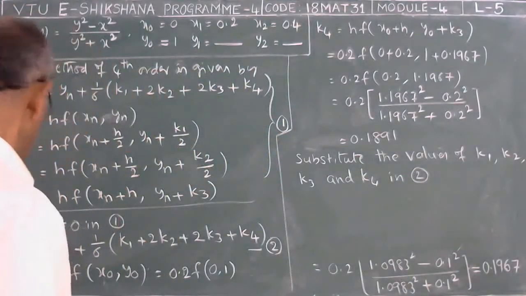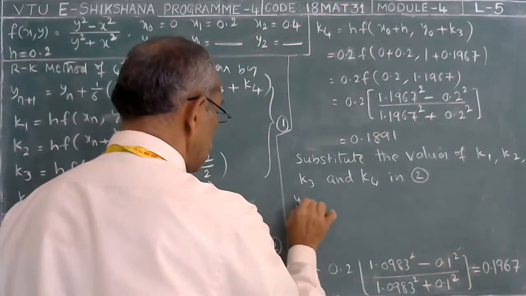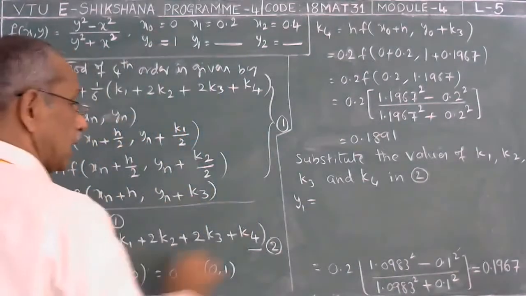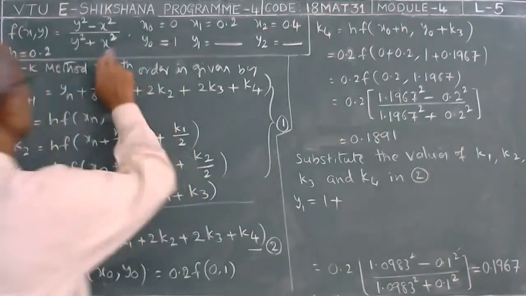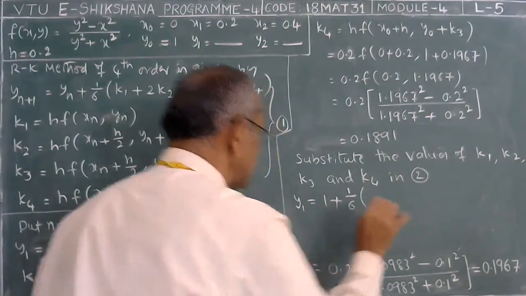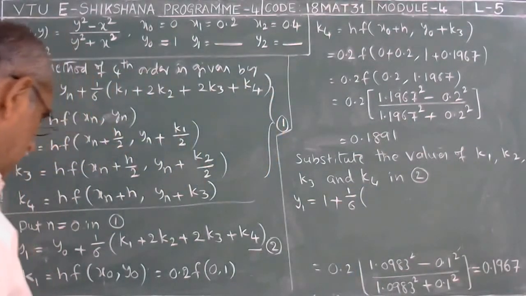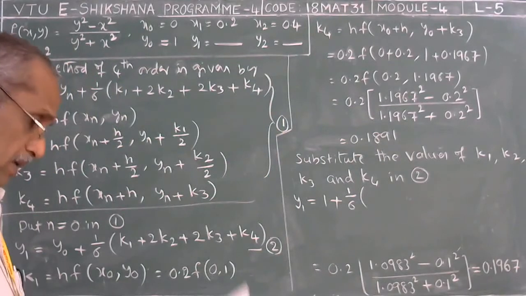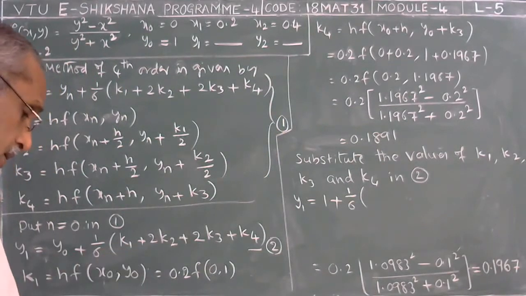So what do we get now? y1 is equal to y0, y0 is 1, plus 1 divided by 6 into k1. What is the value of k1? It is 0.2.